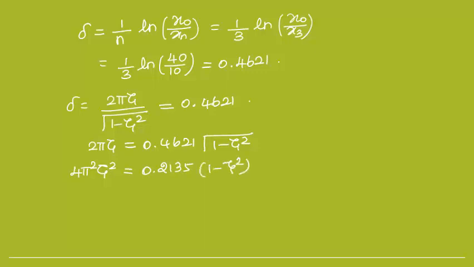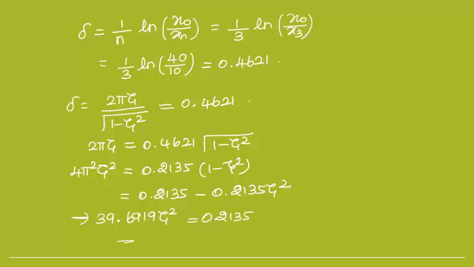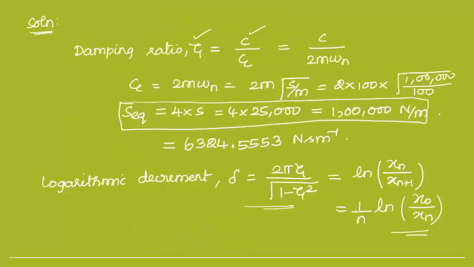So this is 0.2135 minus 0.2135 zeta square. On simplifying the above expression, we have 39.6919 zeta square is equal to 0.2135, from which we can calculate the value of zeta as 0.0733.